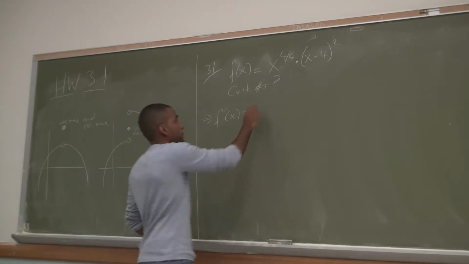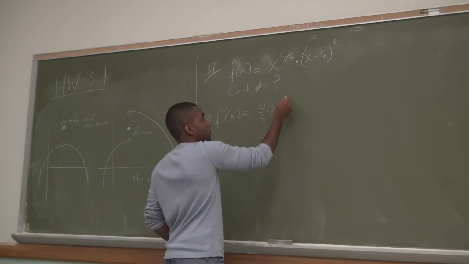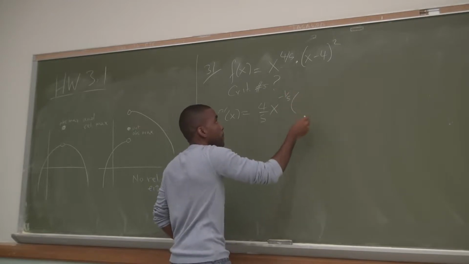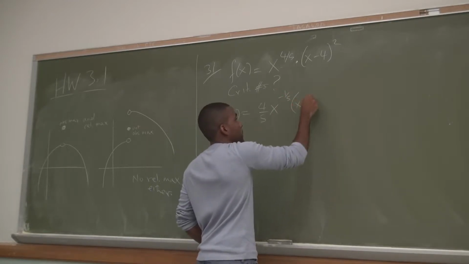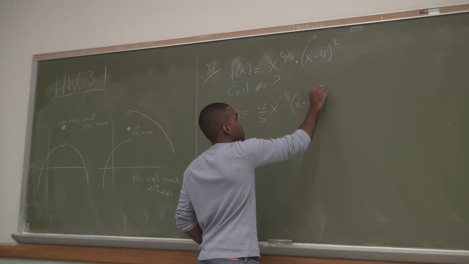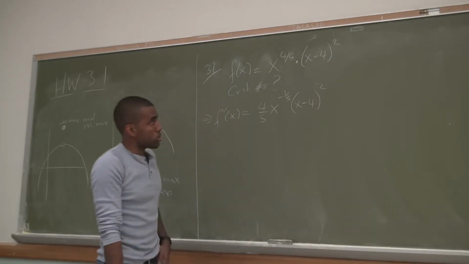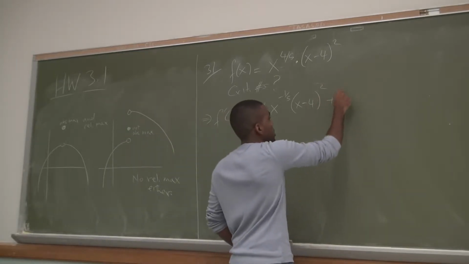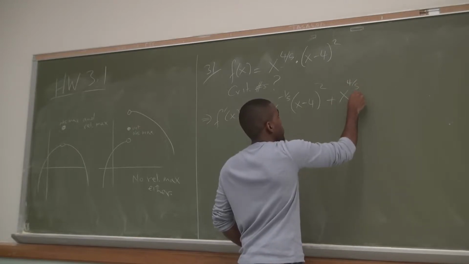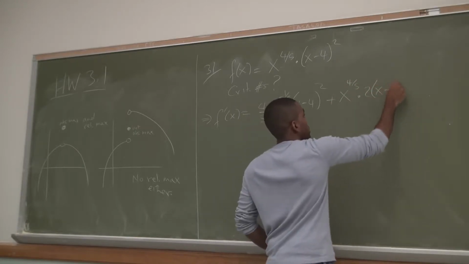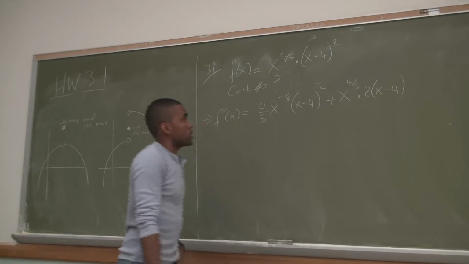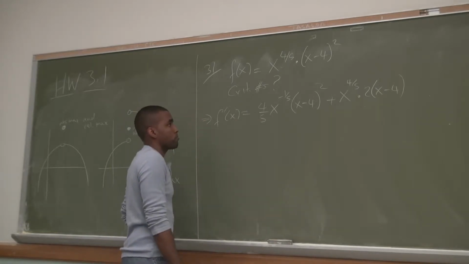4/5 of x to the negative 1/5 times (x minus 4) squared. Oh, sorry. You have to do the product rule, right? So then you have to add x to the 4/5 times 2(x minus 4).